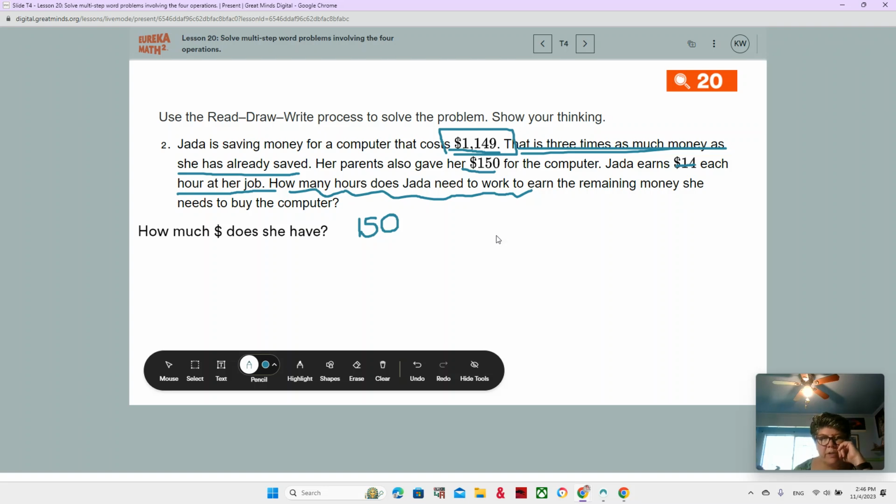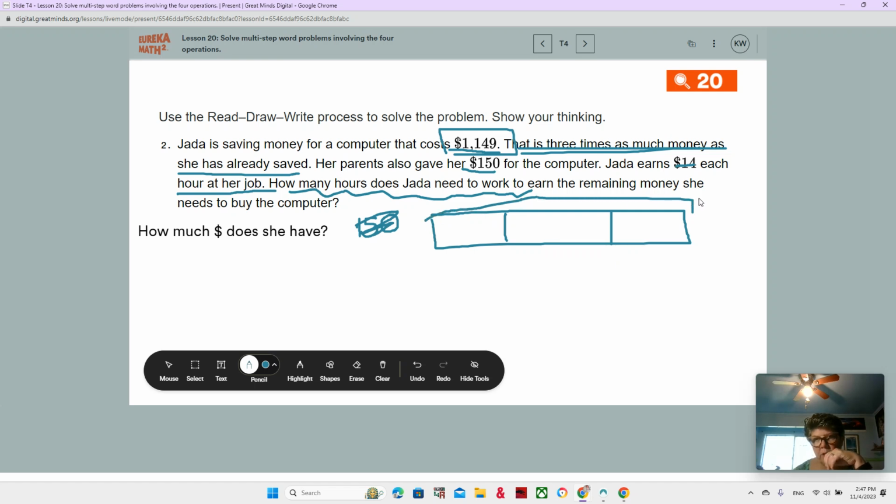So I think the 150 from her parents is extra. Let me just cross it out. I think we need to think about how much she has saved, 3 times as much as she has saved, and the total amount is $1,149. So how could we find out how much she has saved?